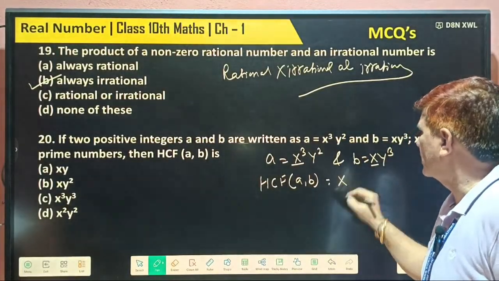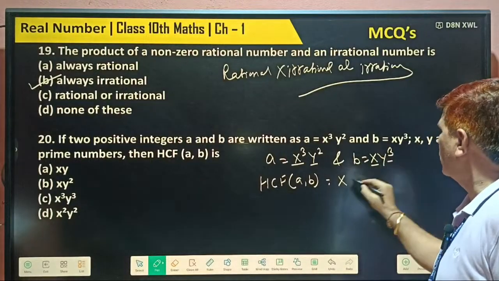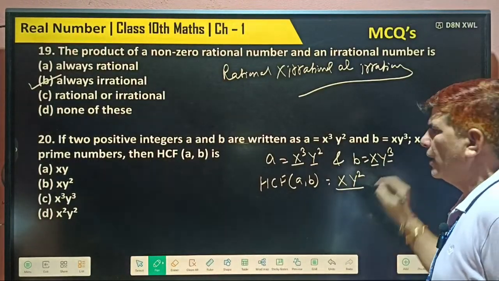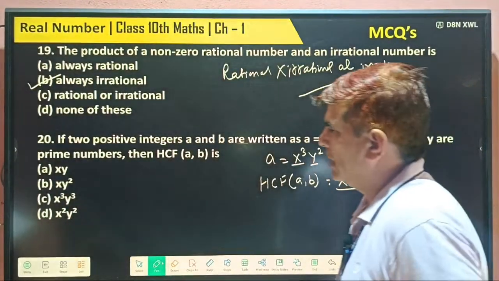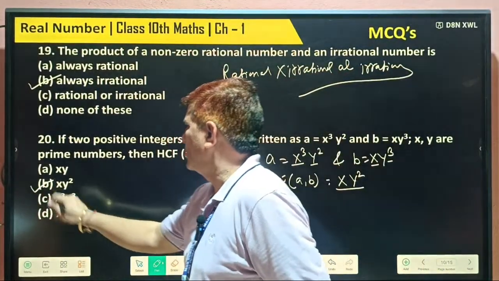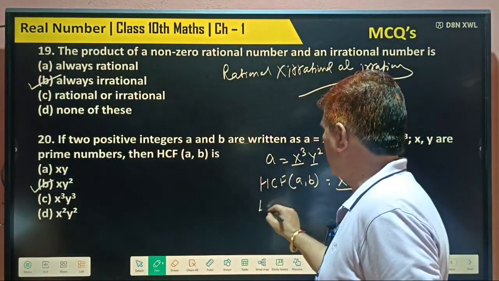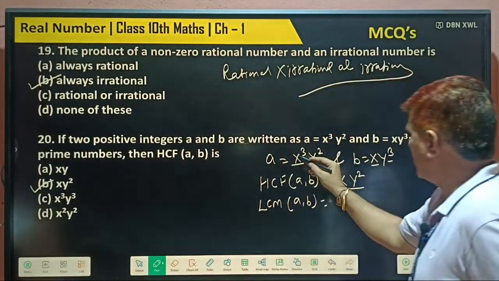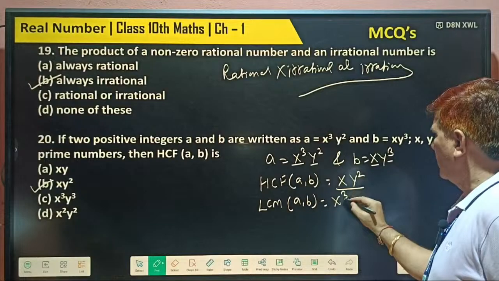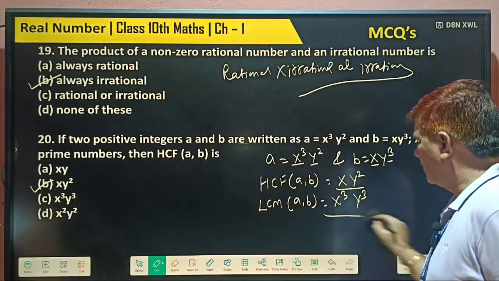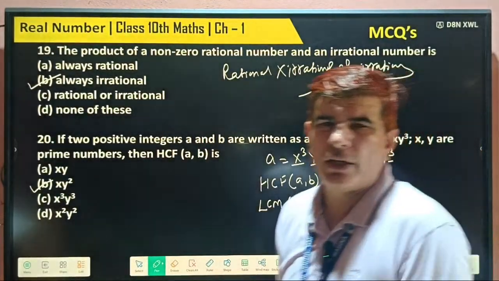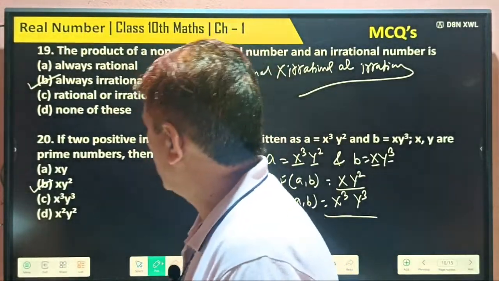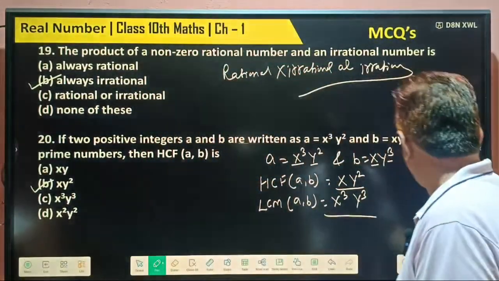So coming x, y square and y cube. So this is its HCF, x y square. So what's your answer? B is your answer. And LCM of a and b, what's the highest power? x cube and y cube. So in this way you can easily find out. There are many methods by which you can find out.